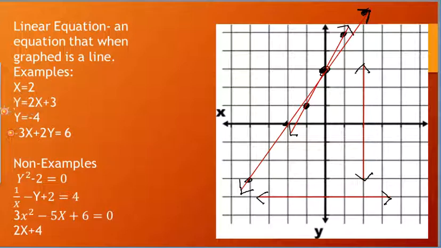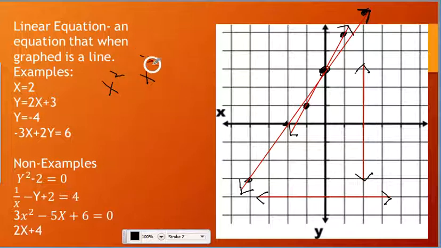Now, when you look at these variables, can you see that none of these variables have been raised to a power higher than 1? This is just an x. It's not an x to the second, or an x to the third, or an x to the fourth. Each of these variables are just x or y to the power of 1.